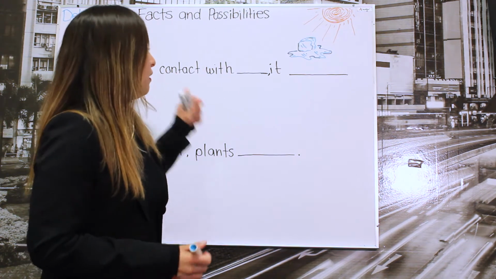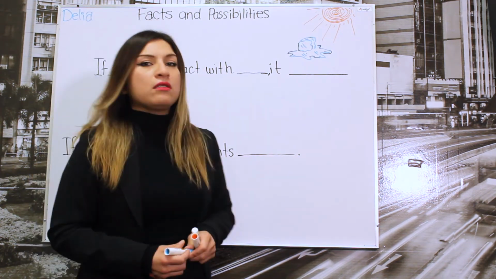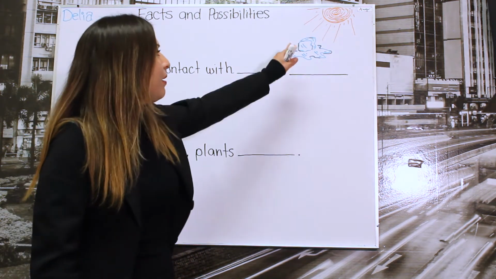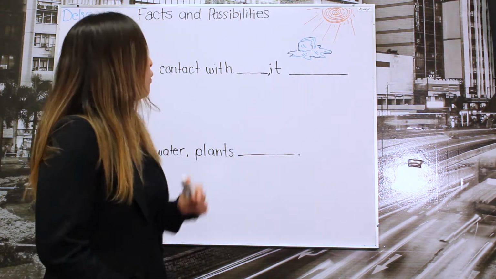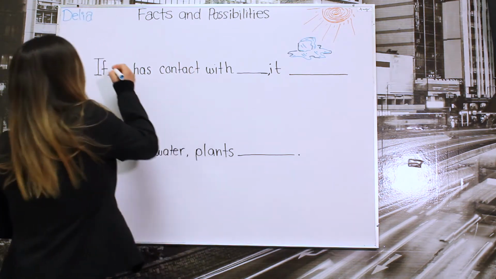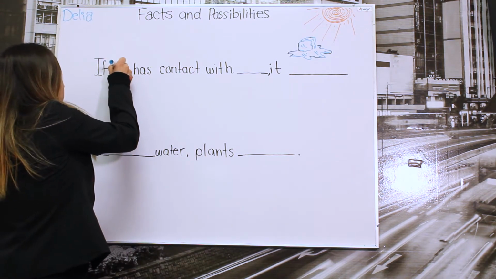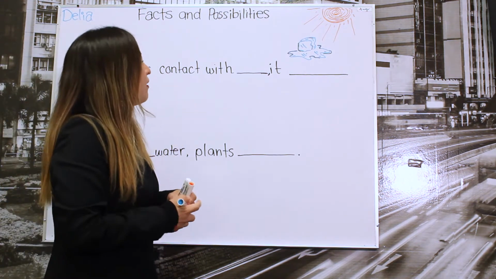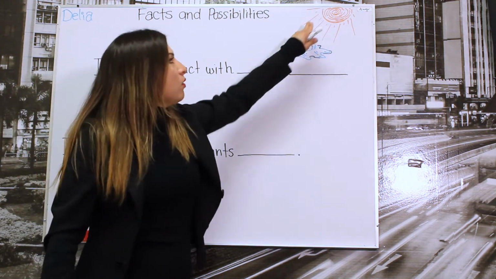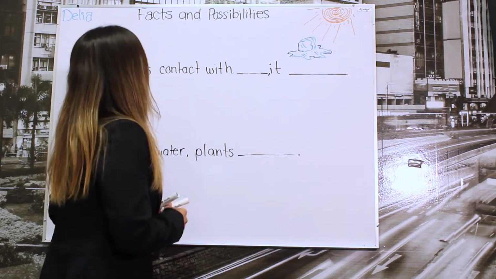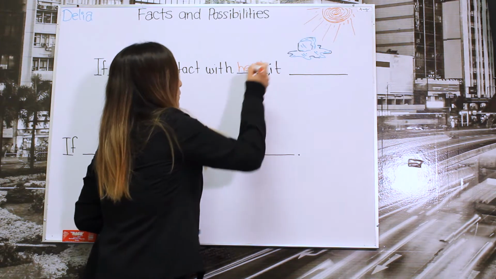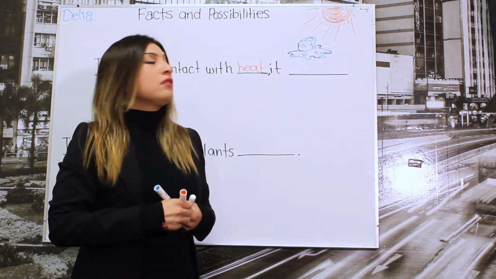Okay, let's fill the missing places. What is my element? My element is the ice. So, if ice has contact, or direct contact, with what? With heat. Okay, now the consequence.